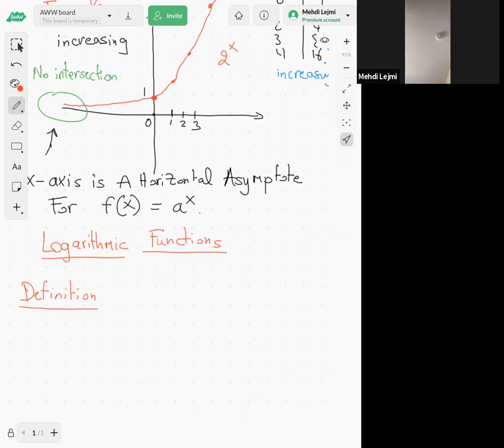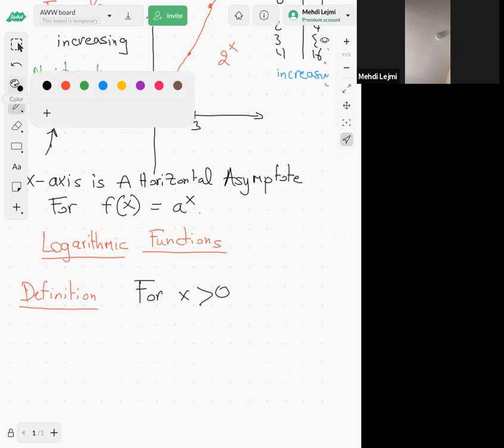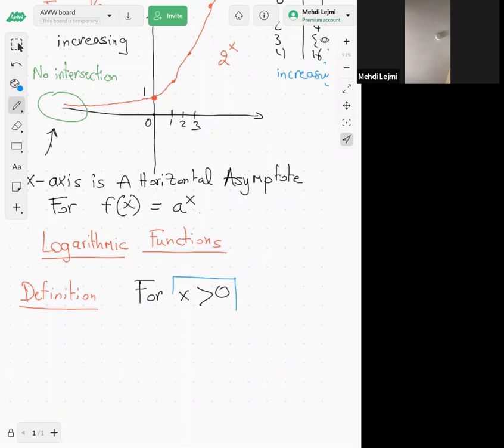So let's say you need x to be positive. For x positive, this is a really important condition here. You need your x to be positive.